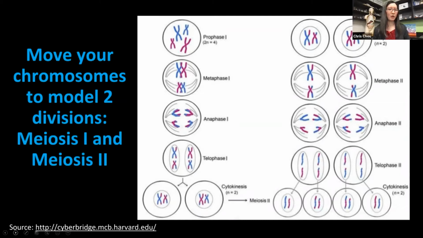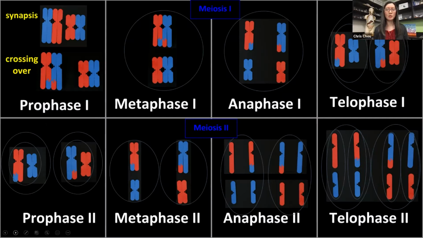anaphase 1, telophase 1, and cytokinesis. So this is where our students can kind of see the differences between homologous chromosome pairs separating versus individual sister chromatids.